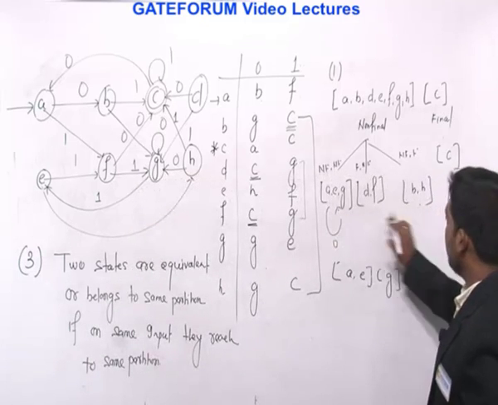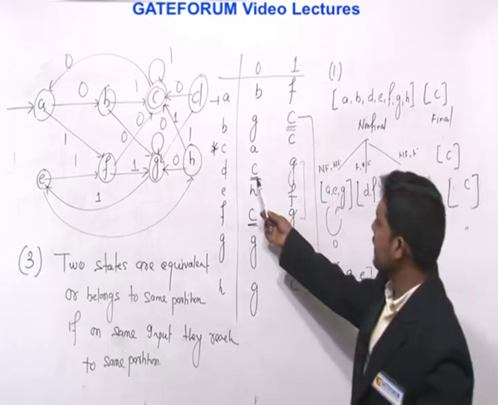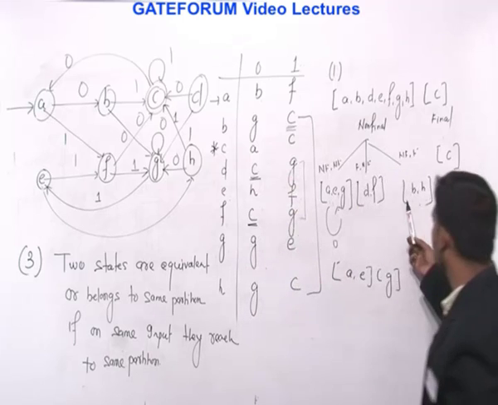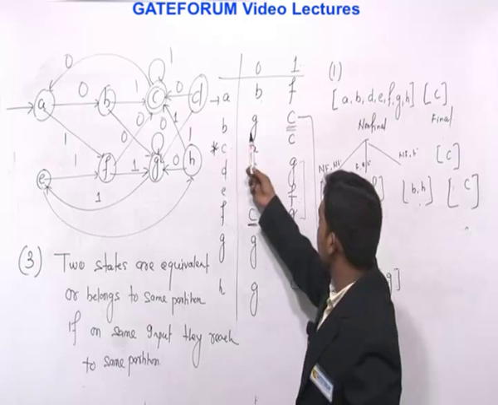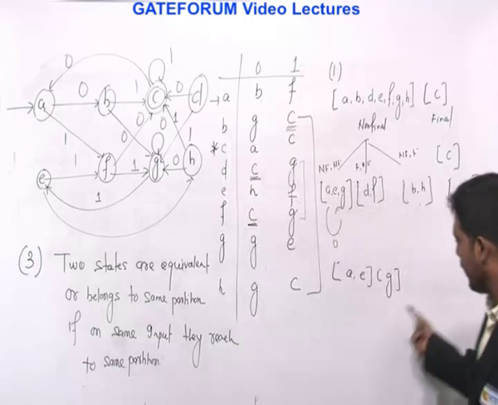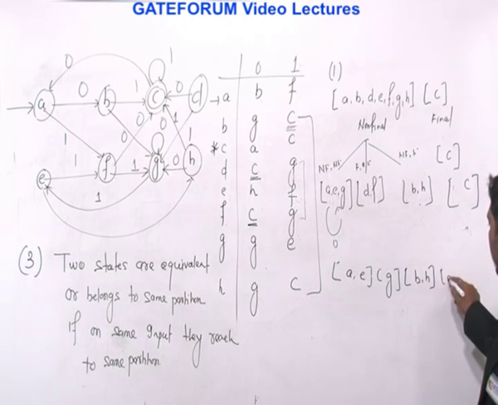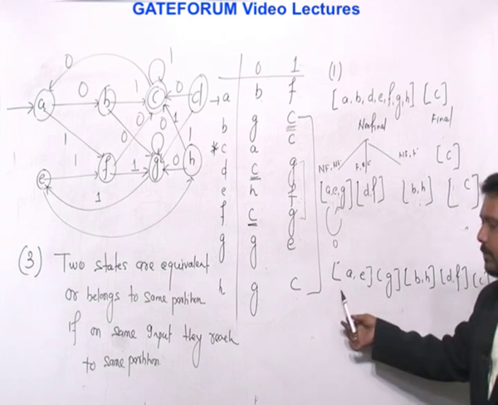Now in this state D and F, D goes to C and F is also going to C, so there is no question of separating them. B and H, G and C, there is no question of separating them either. So B and H are not getting separated, D and F are not getting separated, and this is C. This is the partition.